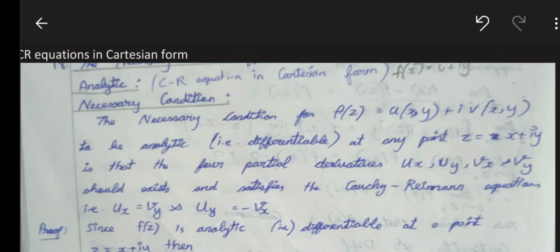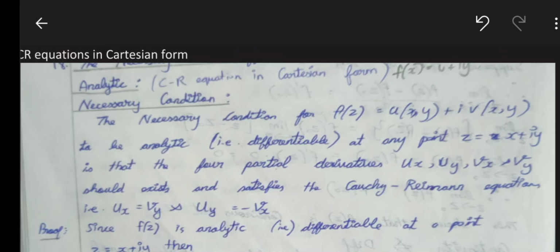They should exist and satisfy the Cauchy-Riemann equations, that is ux is equal to vy and uy is equal to minus vx. This is what we are going to prove. The four partial derivatives should exist at that point and should satisfy the Cauchy-Riemann equations.